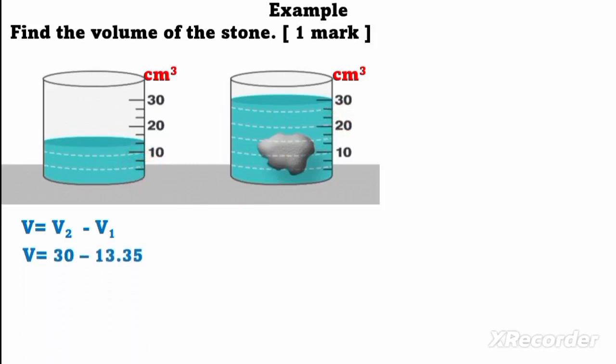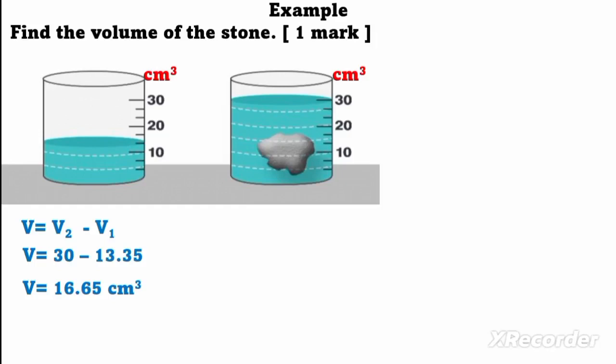So volume is equal to 30 minus 13.35. Then our final answer will be volume is equal to 16.65 cubic centimeters. So this is how we can find the volume of the irregular object.